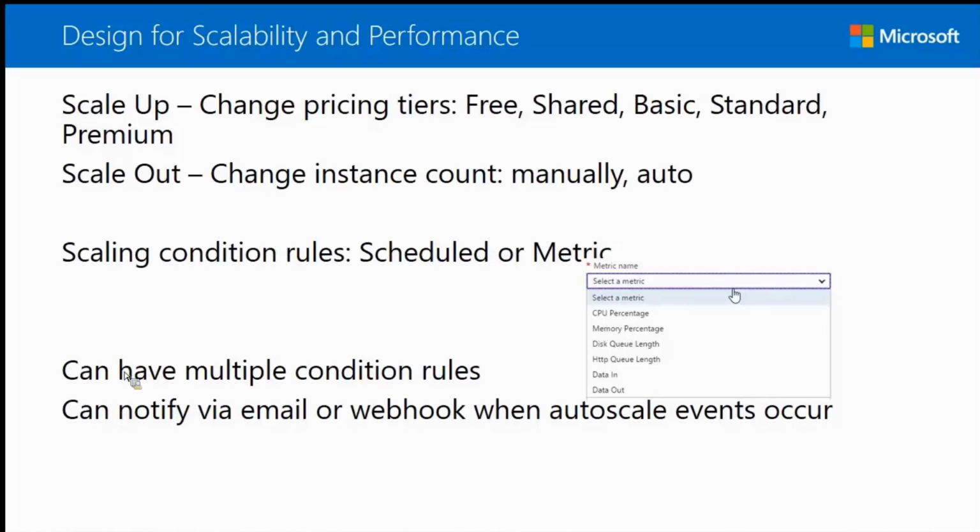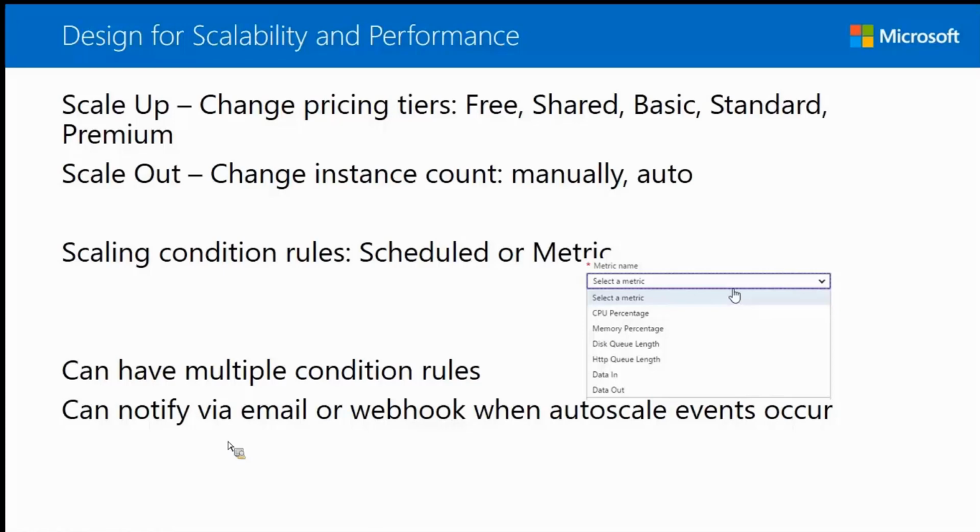You can have multiple conditions, and you can combine that with notifications and alerts. You can have an autoscale condition, and maybe you want to be notified each time it changes, so you can combine that to autoscale automatically and also notify me.